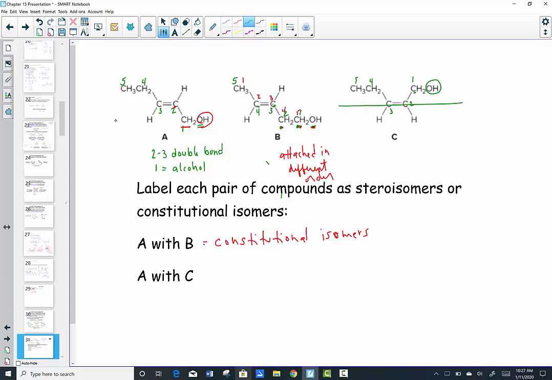In letter C, both carbon chains are on the top. That's a cis conformation of the same connectivity of atoms. In letter A, this is the trans conformation on the plane of the double bond. One carbon group is up, the other carbon group is down, but it's the same connectivity. So therefore, these are considered stereoisomers.